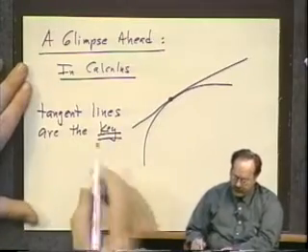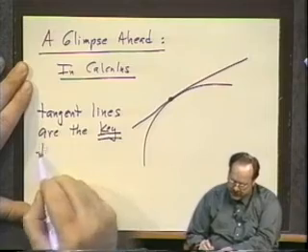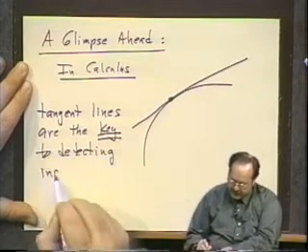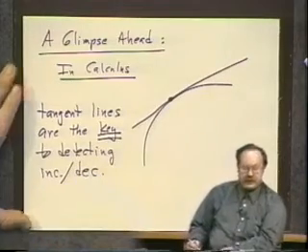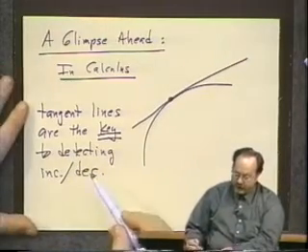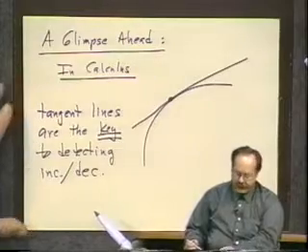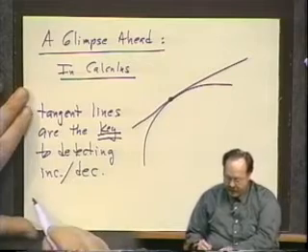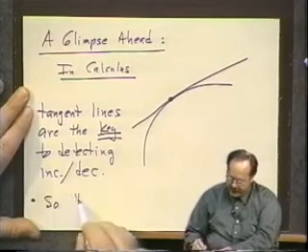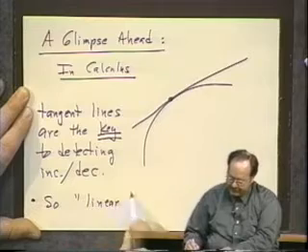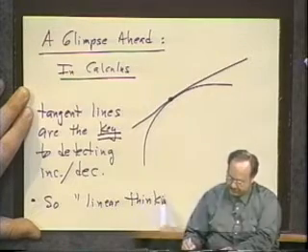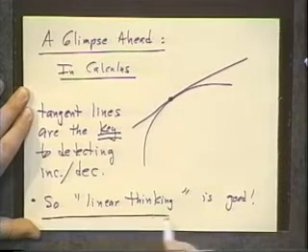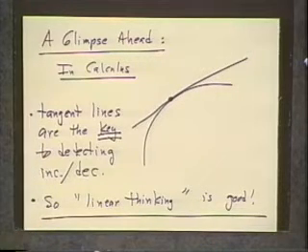Tangent lines are the key to detecting increasing and decreasing. Where a function is increasing or decreasing, we will look at tangent lines to get that information. Now, we can't do that yet, but that's something that if you take calculus, you will do. And so you might say that linear thinking is good. Okay, at least in calculus it's good.